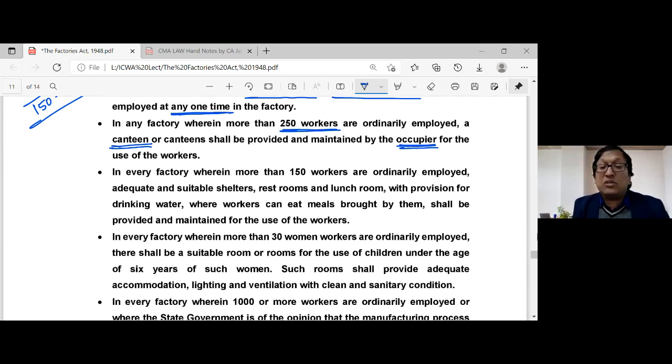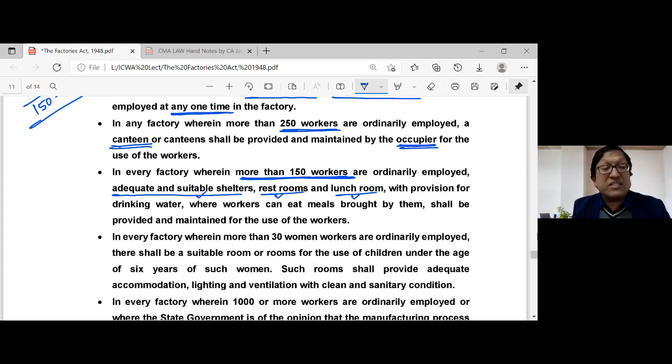But if you are employing more than 150 workers, then if you're not providing a canteen, at least provide adequate and suitable shelter. Restrooms and washrooms must be there.